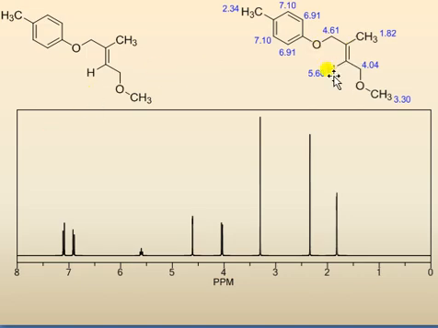See, now 4.0 came at the same place, but this came as a doublet because this hydrogen is attached to this carbon, sorry, this carbon. And this CH3 is now attached to this carbon, which is attached to the phenoxy group, CH2. This CH2 is now a singlet.